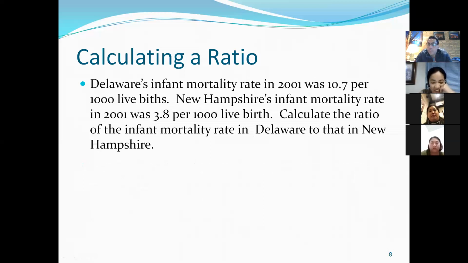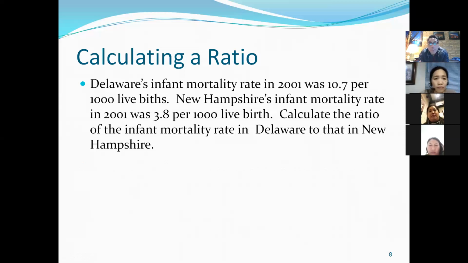Another example for ratio, I'd like you to get your calculator, is on infant mortality rate. Delaware is one of the 50 states. Delaware's infant mortality rate in 2001 was 10.7 per 1,000 live births. That's a typo there, sorry.